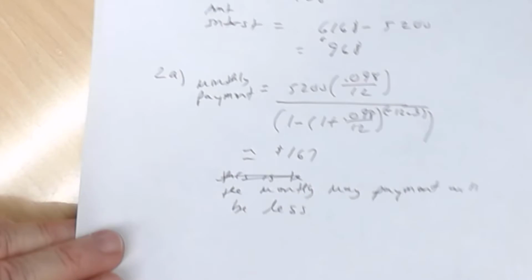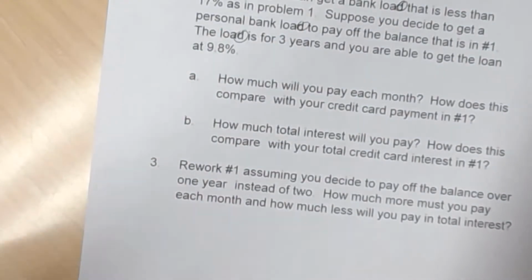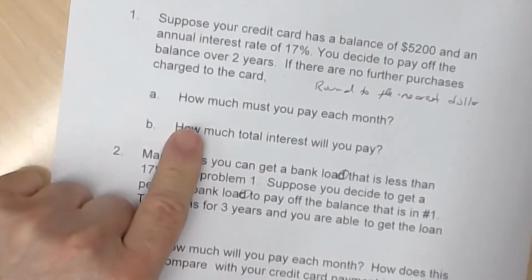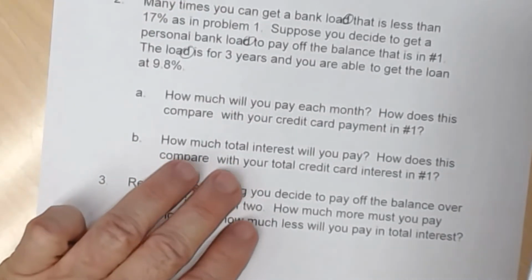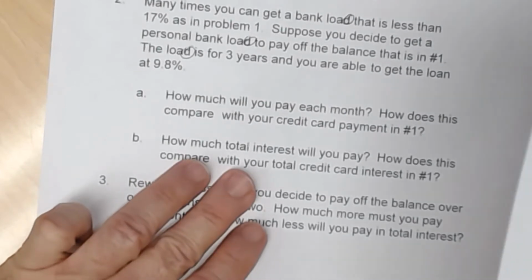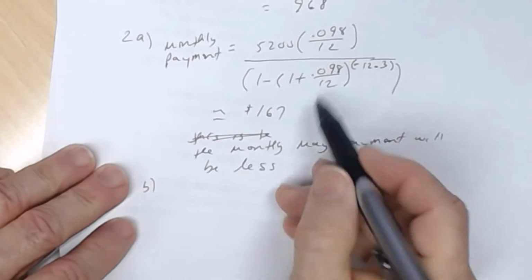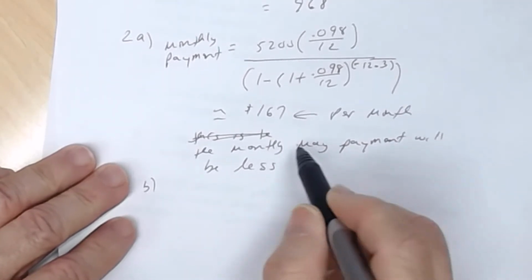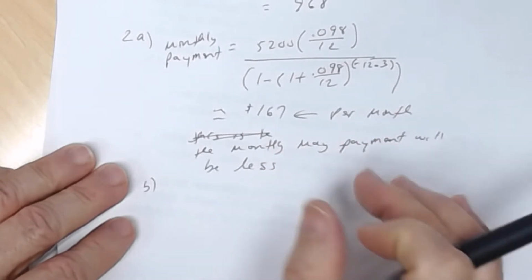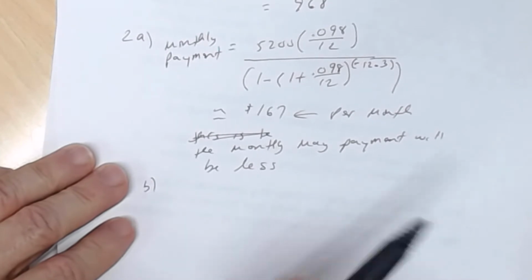All right? Now, part B. Part B says, how much total interest will you pay? So that's the same thing like part B here, right? So if I'm going to find out how much total interest I'm going to pay, I'm going to take this amount, and remember that's per month. So I'm going to take that amount, multiply by 12 to get that 1 year, and then times 3 to get the 3 years.